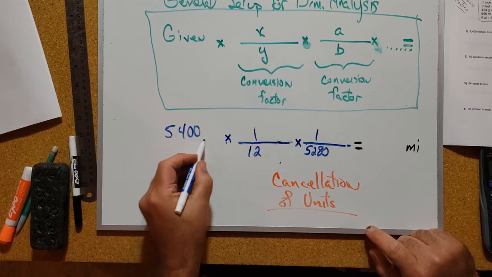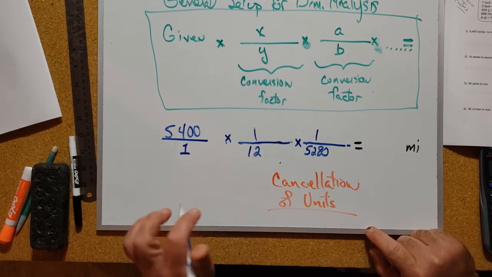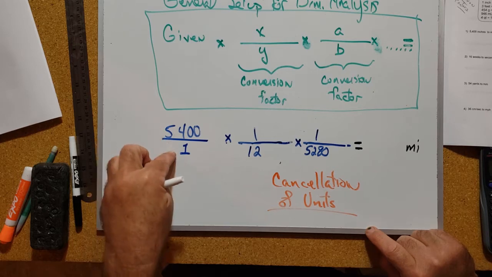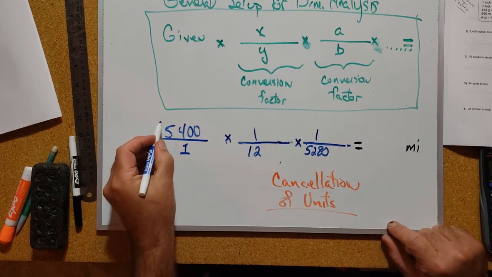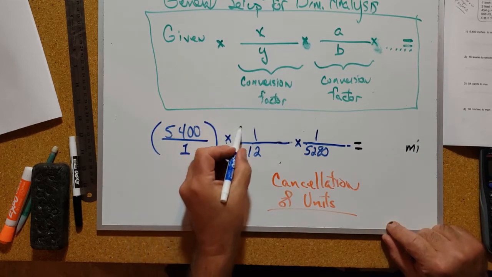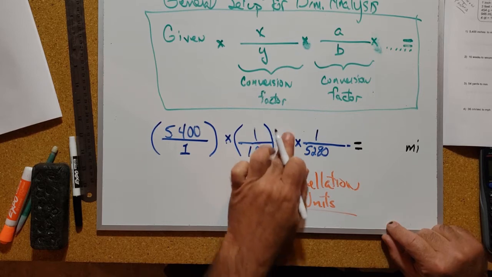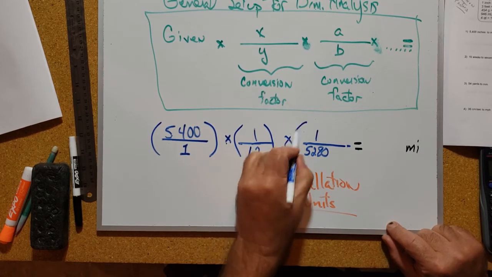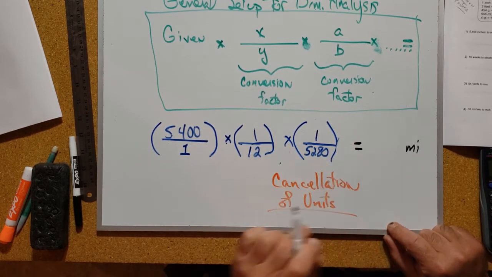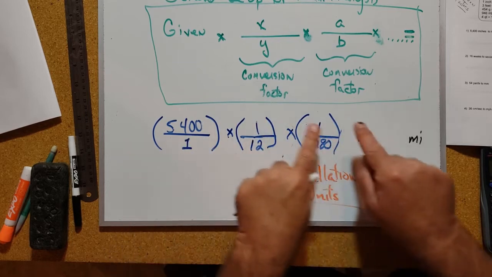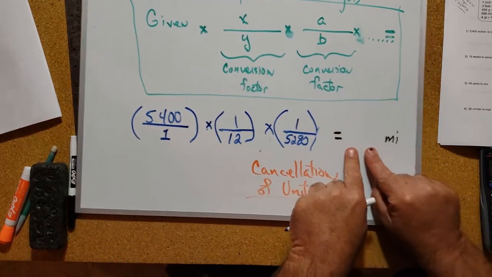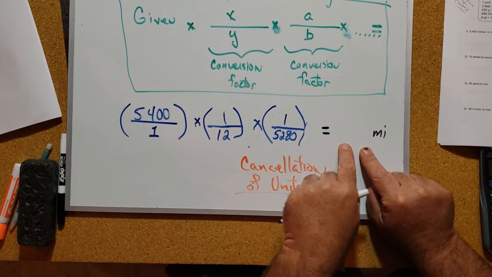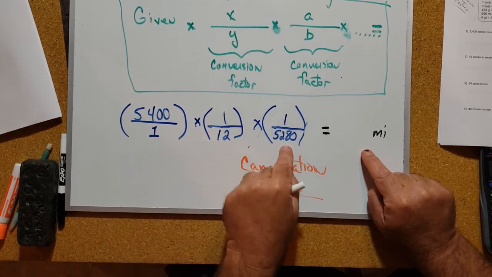Let me take the 5,400 and also put that in fractional form. Remember, you could take any number and put it over 1 and create a fraction out of it. 5,400 is the same as 5,400 over 1. Anyway, you have one fraction multiplied by another fraction multiplied by another fraction. All right? So you do this arithmetic here, and that's the number that's going to be put in front of miles.